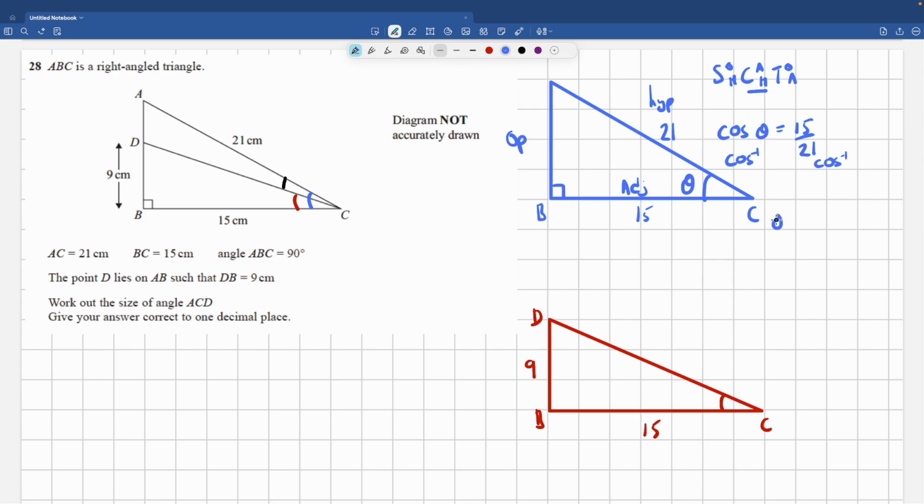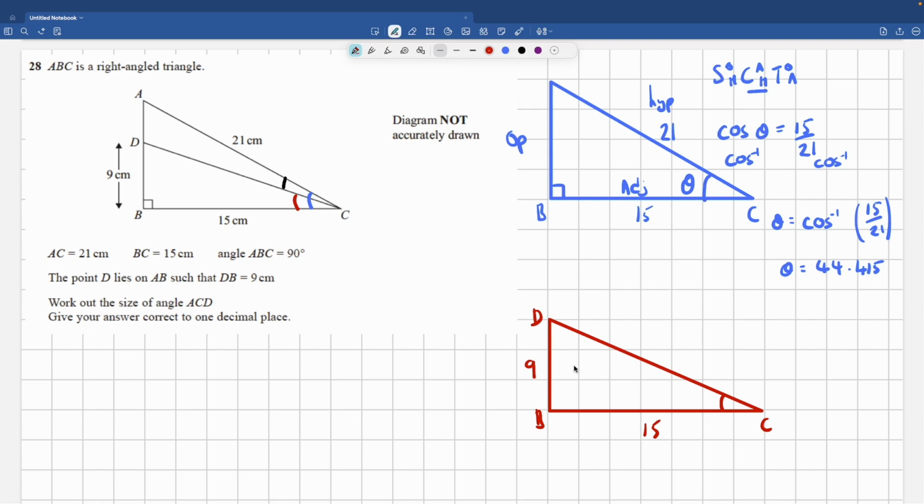So theta would be the arc cos of 15 over 21. And we can work this out, and we get the angle theta to be approximately 44.415.